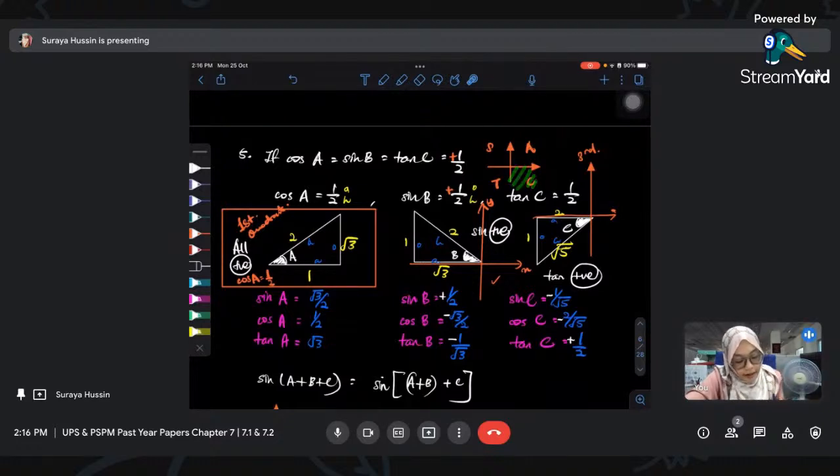So actually kalau kamu nak buat sine equals to half ataupun tangent equals to half pada first quadrant, boleh ke tak boleh? Tell me now. Can or cannot? Boleh ke tidak?